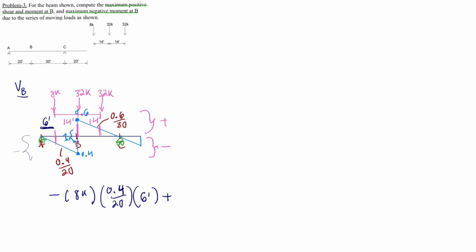And then the next load is this one, so we're going to be adding this one: 32 kips times the slope, which is 0.6 over 30, times the distance, which is 30 feet.